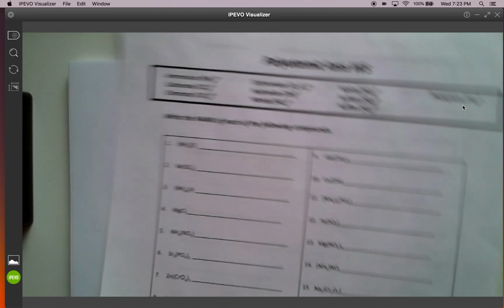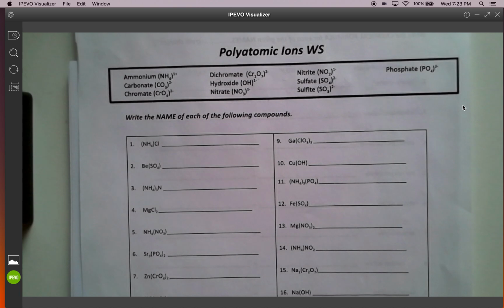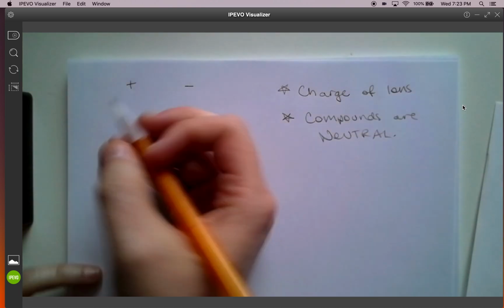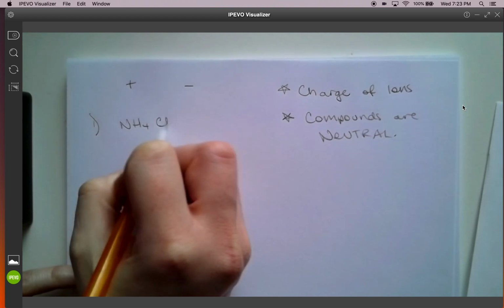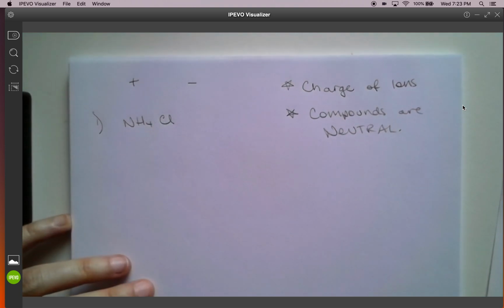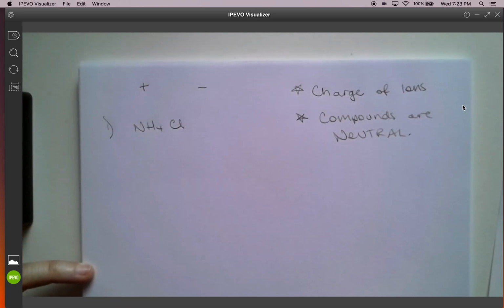Okay, so we're going to start on this side where you're given the formula and you're going to write the name. Let's start with that first one. NH4Cl is your first one here. Okay, so half of your battle with these is figuring out what your two ions are.